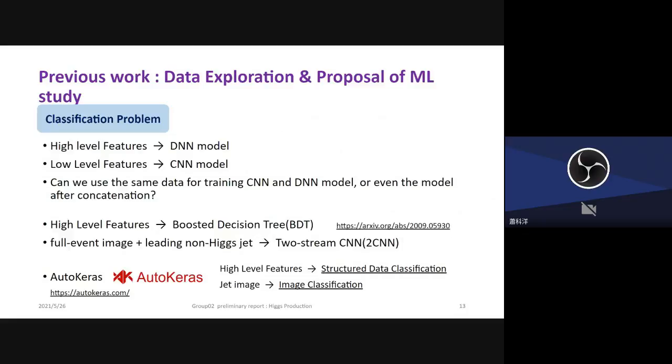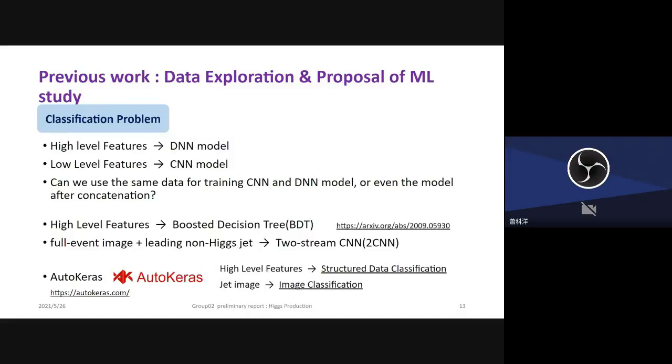Since we have both low and high-level features, a thought came to my mind is that maybe we can train the models and then concatenate them to get a more accurate result by using the high-level features and low-level features at the same time. So our proposal is, in the beginning, we first train a DNN model, and then we train another CNN model, and then put them together in the same dense layer, and then predict the result.